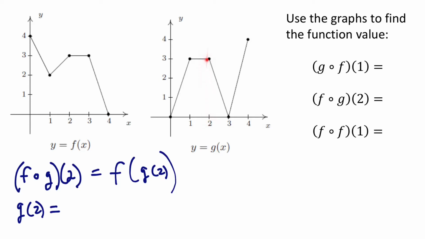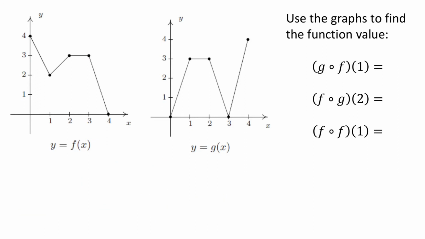So g of 2 is 3. Now we take g of 2 and we put it into the f function. So f of g of 2 is f of 3. So now I'm on the f graph at an input value of 3. So I get 3 as f of 3. So my answer is going to be 3.